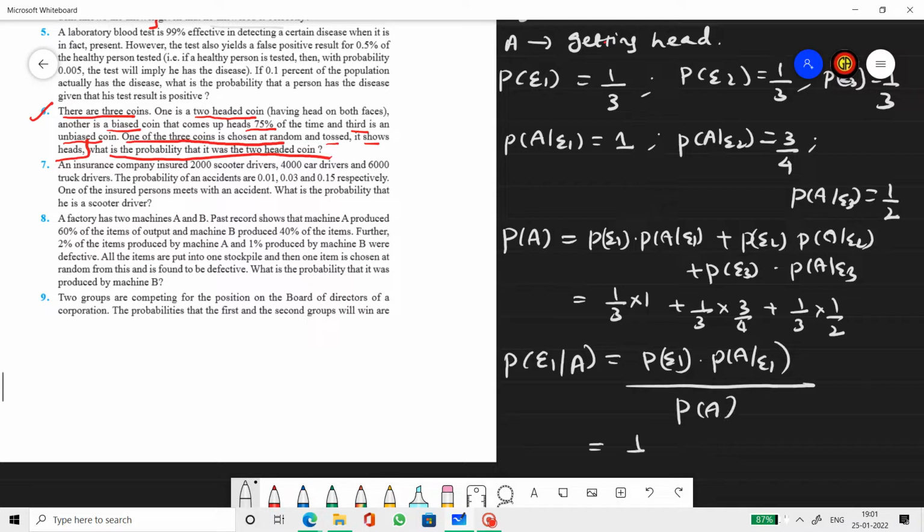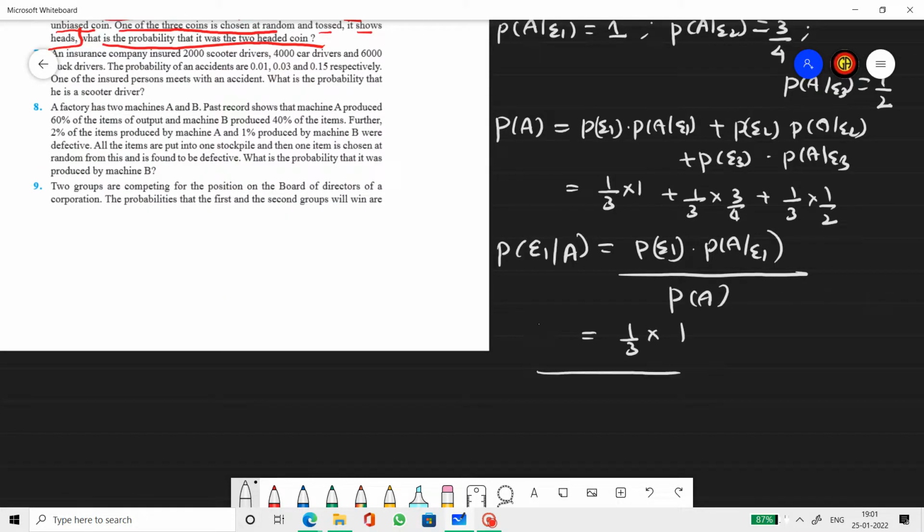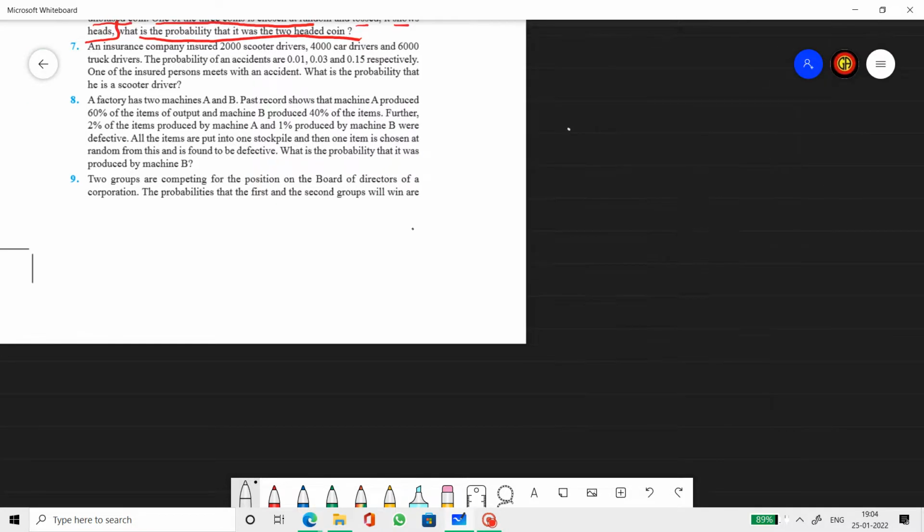So that is 1 by 3 into 1 divided by 1 by 3 into 1 plus 1 by 3 into 3 by 4 plus 1 by 3 into 1 by 2. Simplify this, take 1 by 3 out, simplify, and then you get the answer. So next, question number 7.